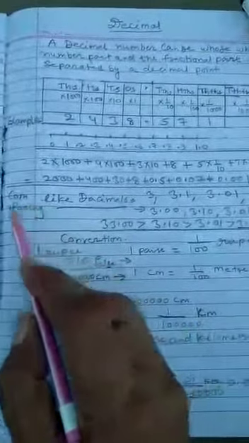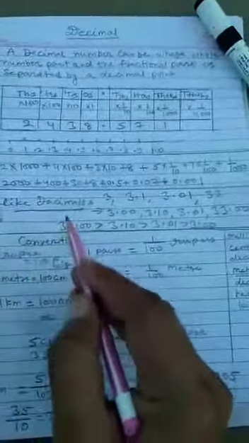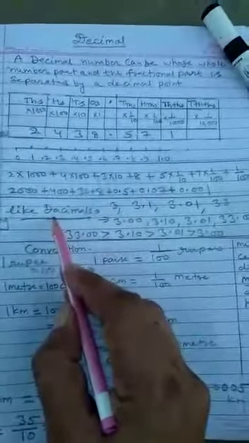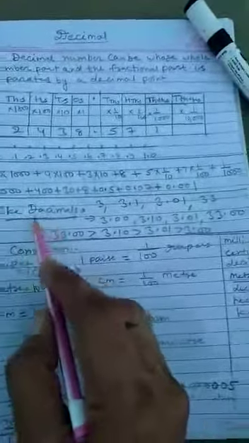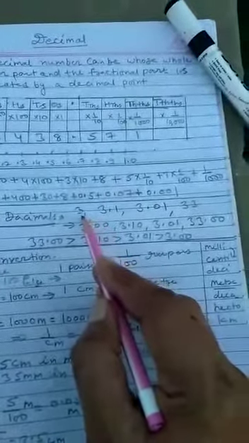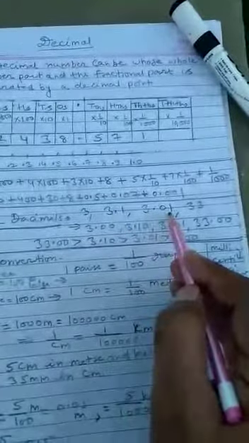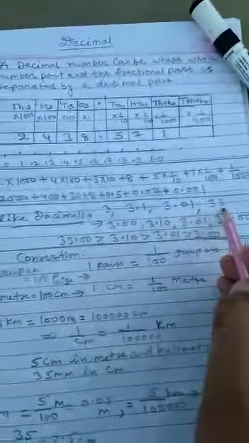Now we understand comparing of numbers. Clear? Let's take an example with these figures: 3, 3.1, 3.01, 33.